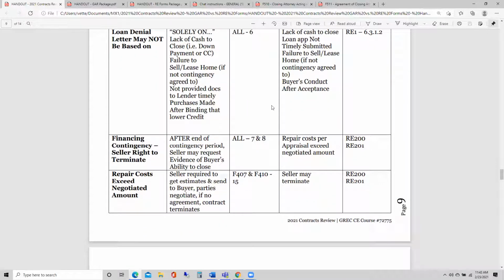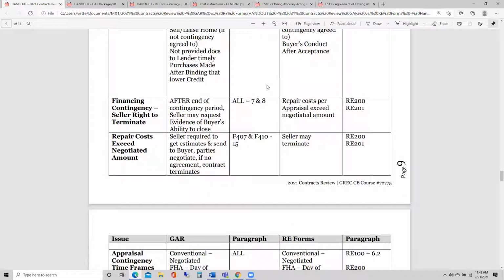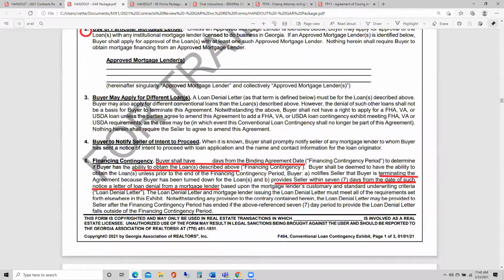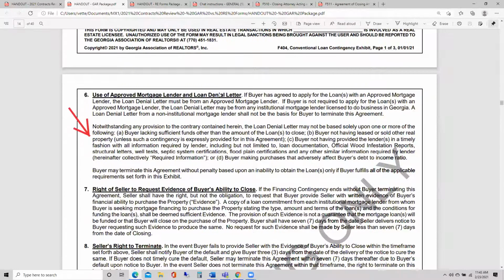Now, what happens if we go through financing? There's a few differences in these financing exhibits. In the GAR contract package, we go through financing. This financing time frame ends and the buyer does not terminate.